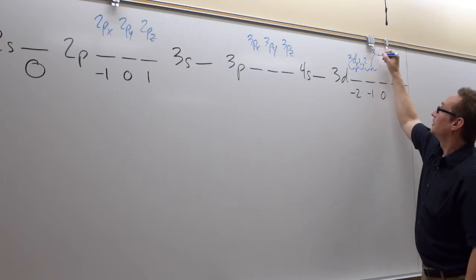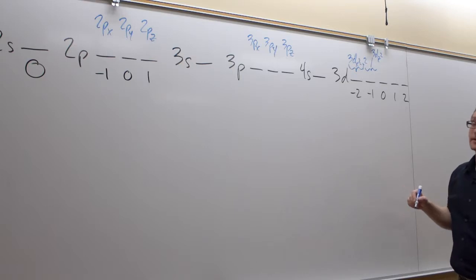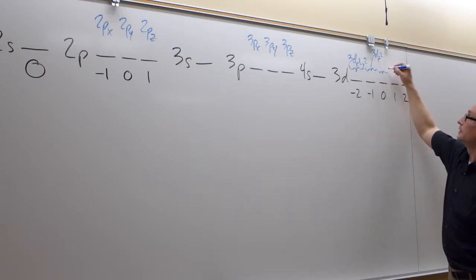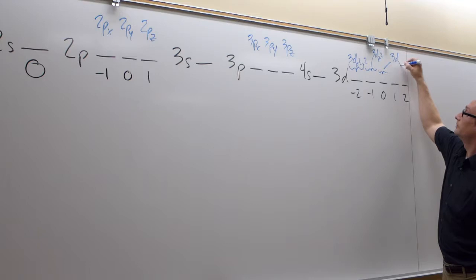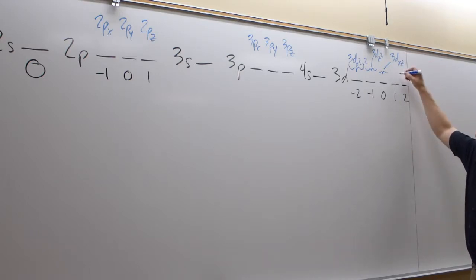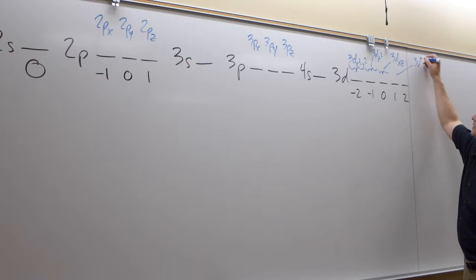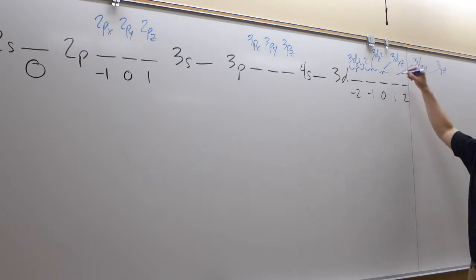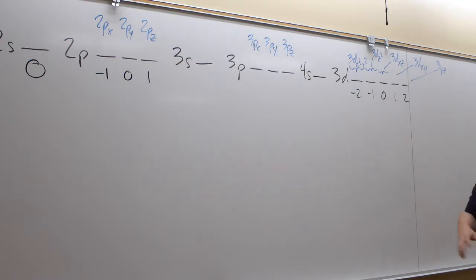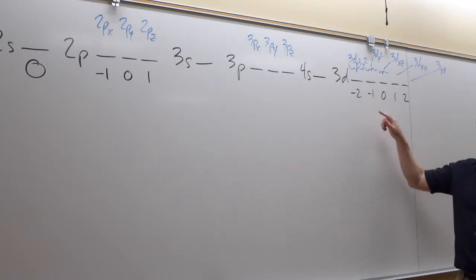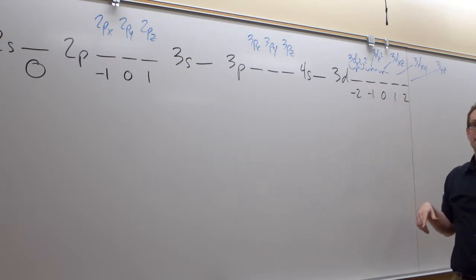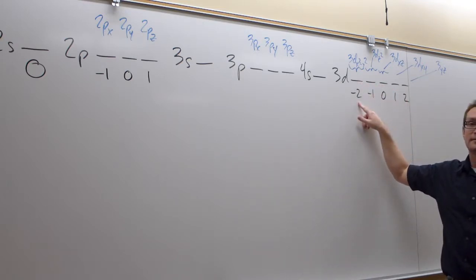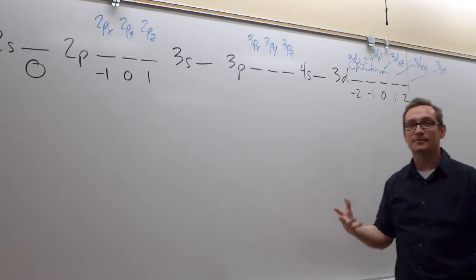This would be a 3d z squared. This might be the 3d xz. 3d xy, 3d yz, right? So those 5 different orientations for the d's, okay, are shown in these 5 bars, okay? And each bar has its own m sub L value that represents the orientation of that shape.